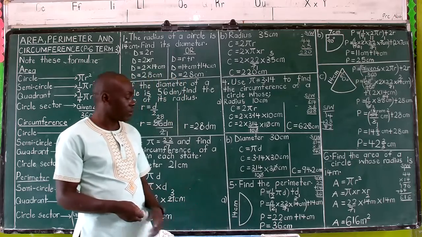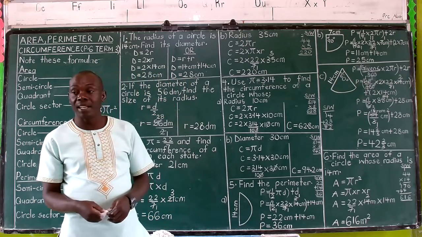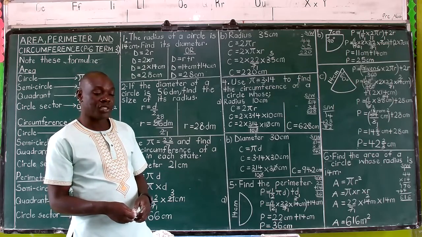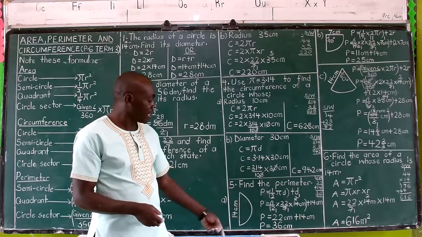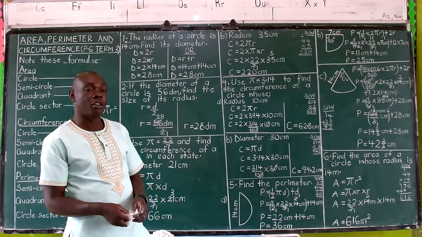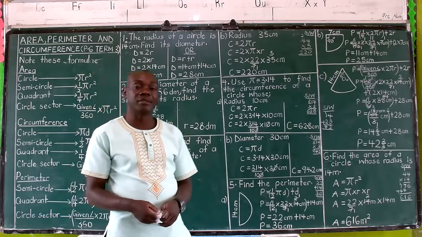Now we substitute accordingly. Here you have to choose the pi. Like I told you, you must know how to choose the pi appropriately. Look at the diameter given, 14. Is 14 a multiple of 7? Oh, so someone doesn't know table 7.